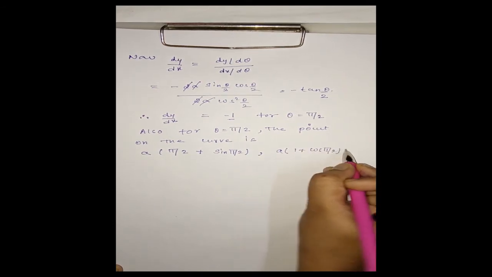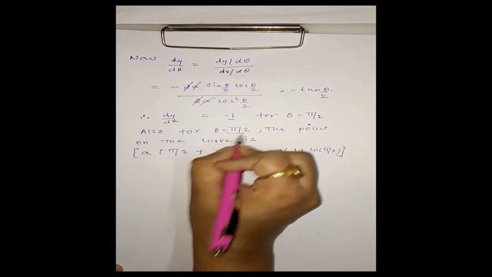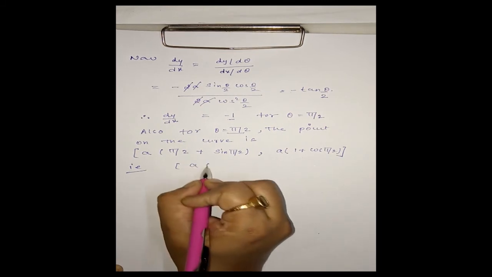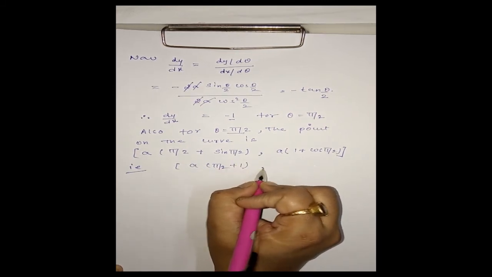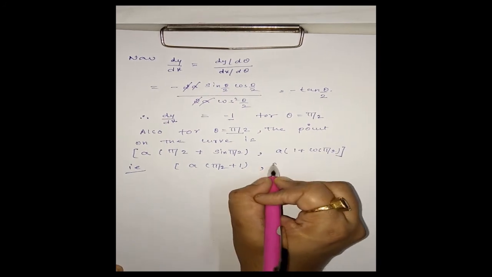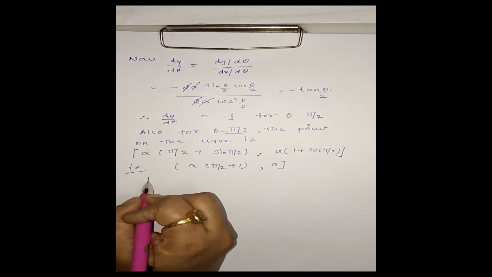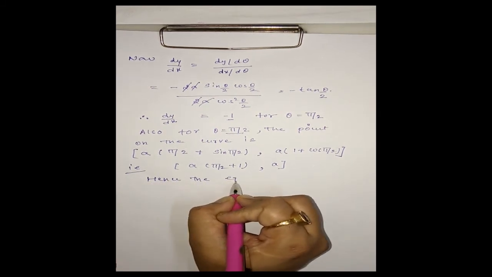This is my point when θ is π/2. That is, the point is (a(π/2 + 1), a), since sin 90° is 1, and cos 90° is 0. Therefore, this is the point.